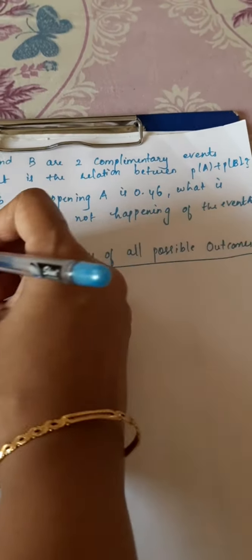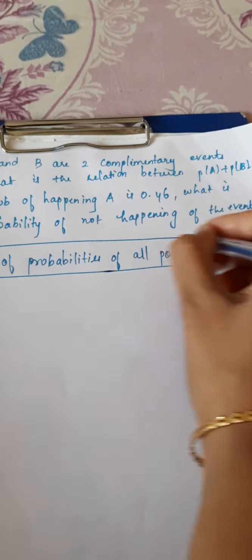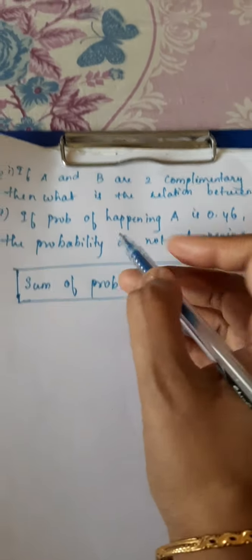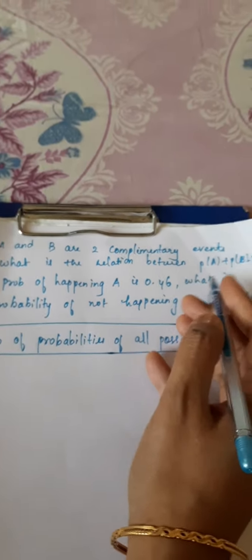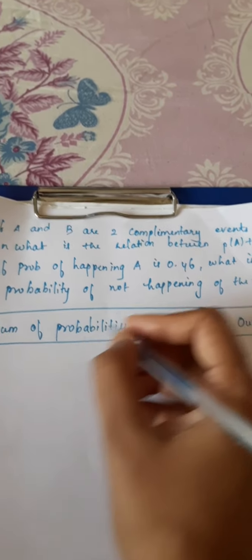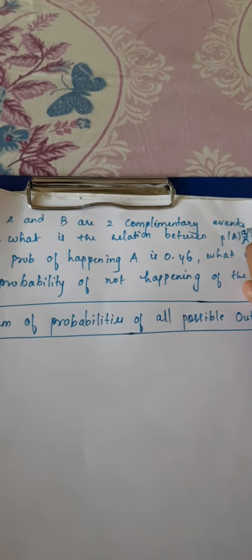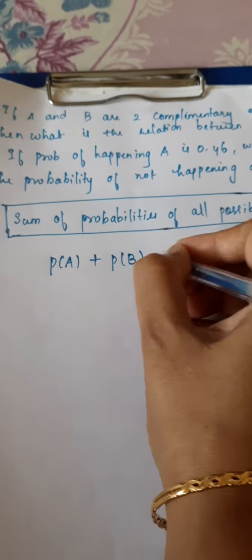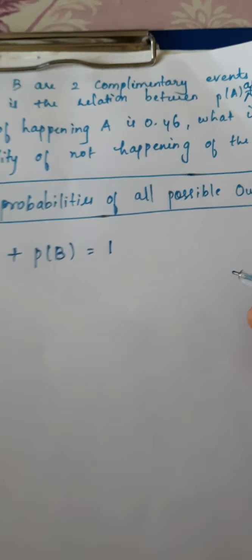This is very important to remember. So the sum of all probabilities of all possible outcomes is 1. So probability of A plus probability of B is equal to 1 is the relationship.